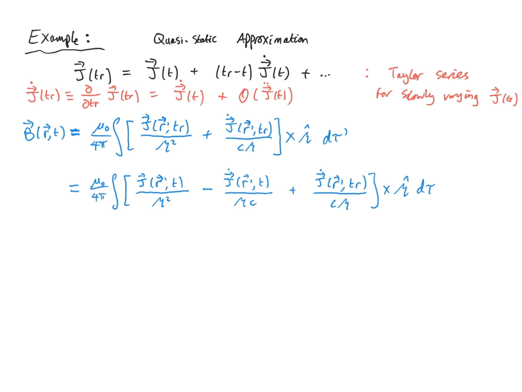So what we learn is that J vector dot at the retarded time to first order is equal to J vector dot at the current time t.